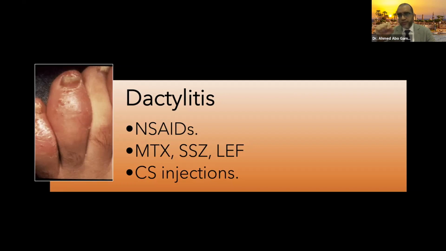If the joint is affected, you have to go deep to reach the intra-articular part to inject the synovitis and also infiltrate the whole tendon and tendon covering. If it is just superficial dactylitis involving the tendon and the tendon covering, you don't need to go inside the joint to inject. That's why imaging could be useful, and if you can do it guided, it will be more beneficial and more effective.